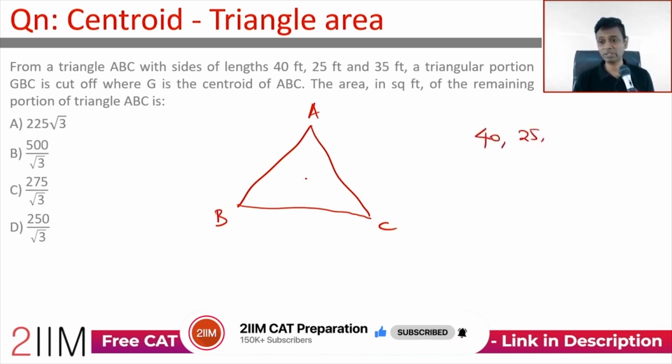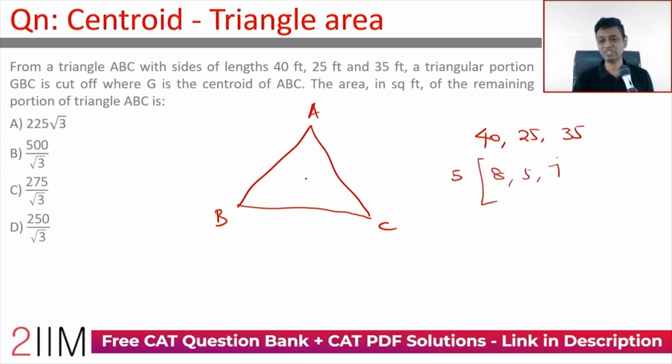Fine. So 5 is common. I'm going to think of this as take out that 5. The ratio is 8, 5, 7. So whatever I find, I'll find for 8, 5, 7 and then incorporate this 5 later on. So 8 into 5, 5 into 5, 7 into 5. And I'm going to think of this as an 8, 5, 7 triangle.